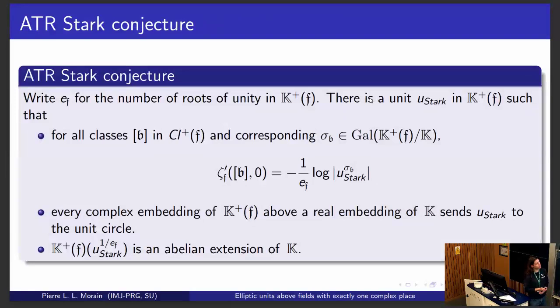So here I just recall the Stark conjecture in the ATR case, the rank 1 abelian Stark conjecture, which I found in a note by Gupta here. And so we try to create units that resemble the Stark units. This is what was done also yesterday.